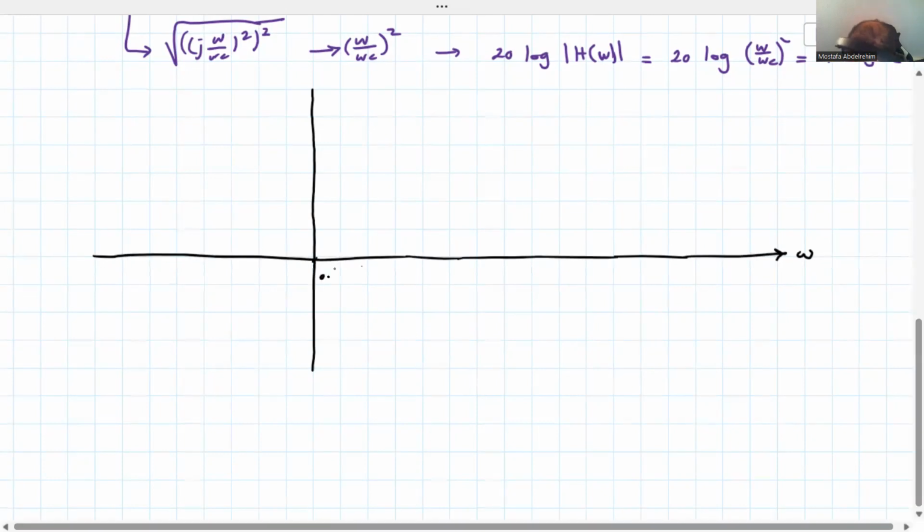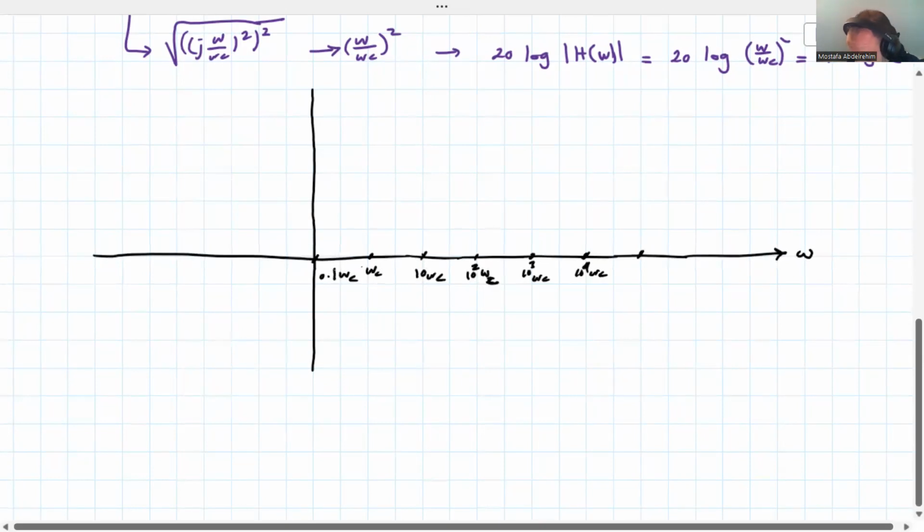Like here, for example, 0.1 omega c, then here 1 omega c, 10 omega c, 10 to the power of 2, 100 omega c, 1000 omega c, 10,000 omega c, and so on.